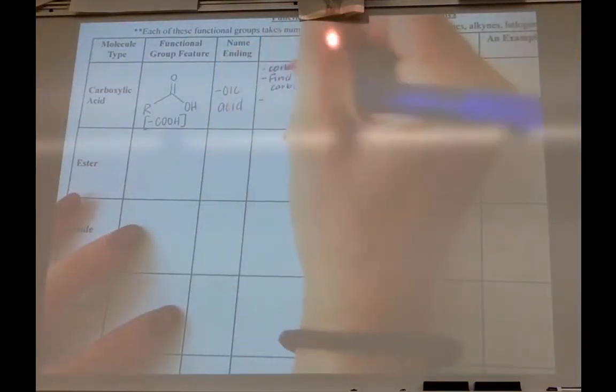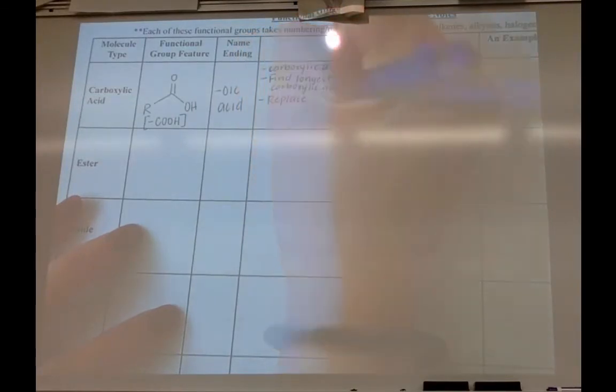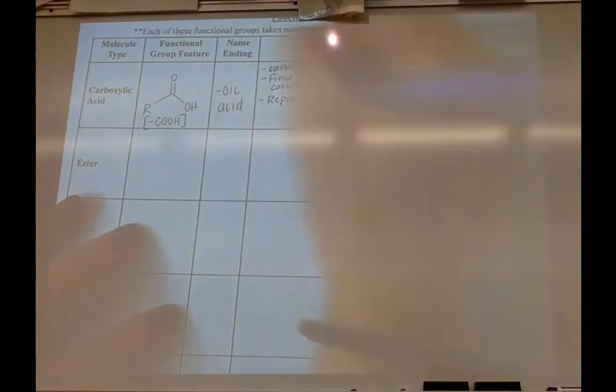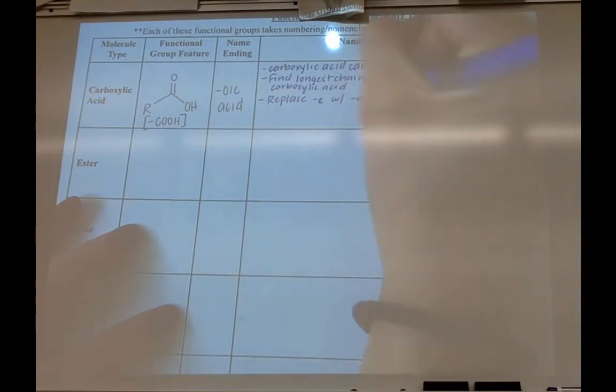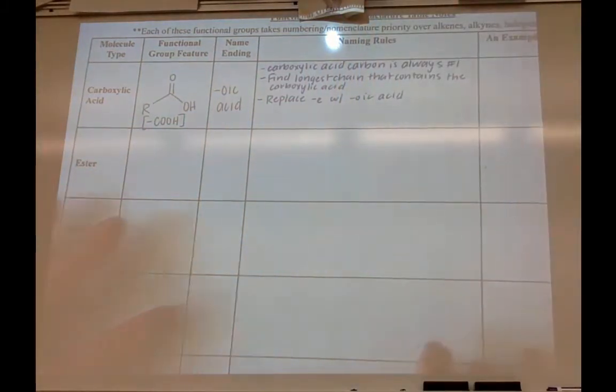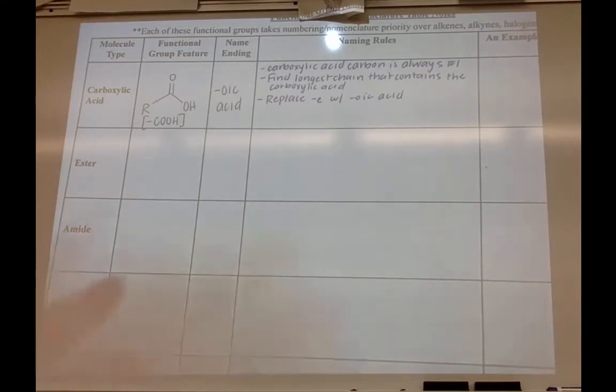When it comes to the ending, we're going to replace the E with oic acid. And I'll show you in the example what that will look like. So we replace the E. If it was methane, it's methanoic. Butane would be butanoic. You just drop the E and you add oic acid at the end.